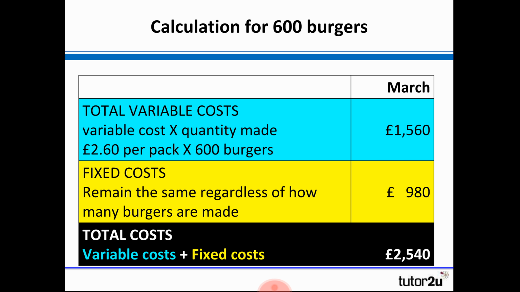That's 1,560. The fixed costs haven't changed, so the new total cost is 2,540. Calculation for 250 burgers. Again, the fixed costs have not changed, 980. The variable costs haven't changed, still £2.60 per pack, but it's 250 burgers.